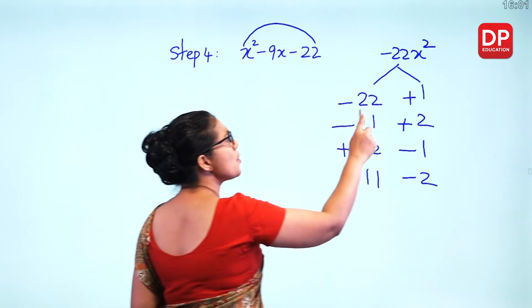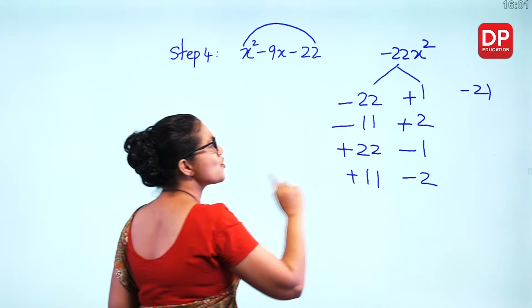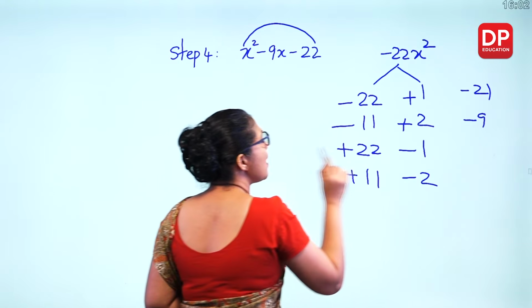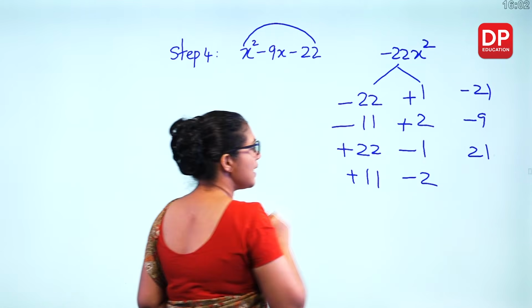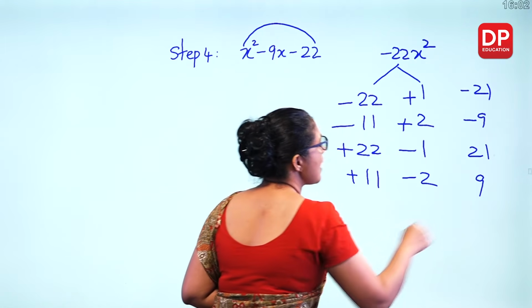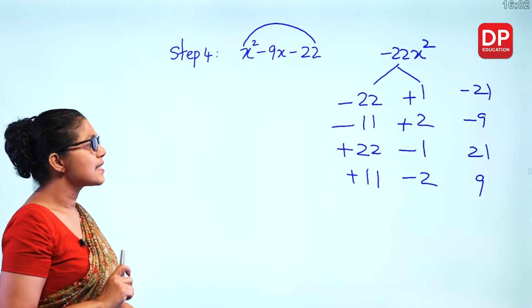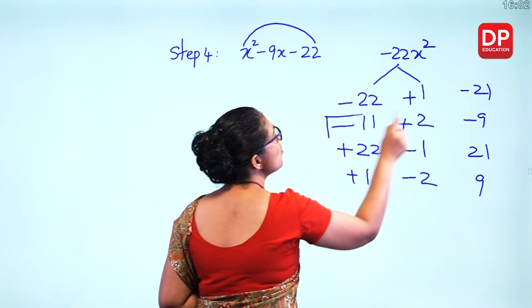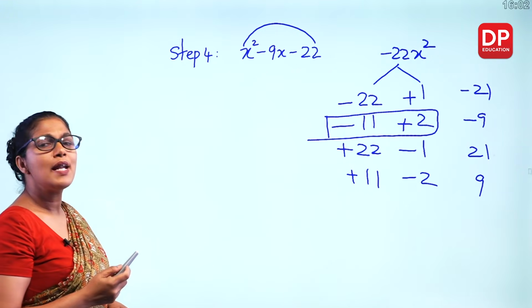So minus 22 plus 1 is minus 21. Minus 11 plus 2 is minus 9. Plus 22 minus 1 is 21. 11 minus 2 is plus 9. Now what's the middle term? The middle term is minus. So which one is suitable? We have to select minus 11 and plus 2.